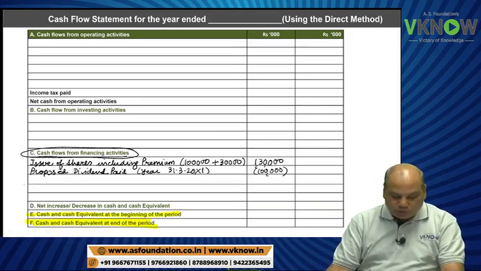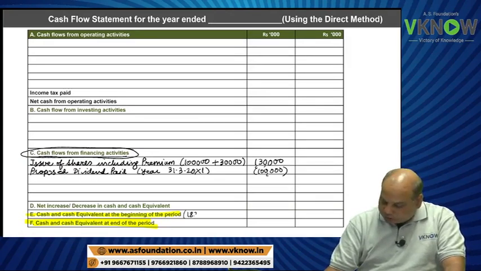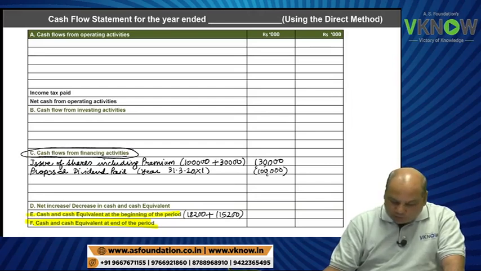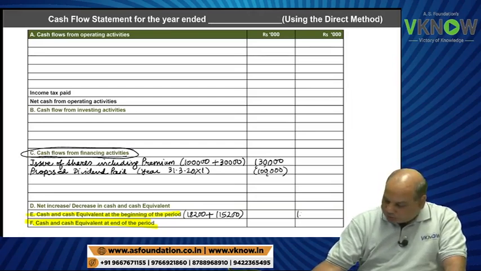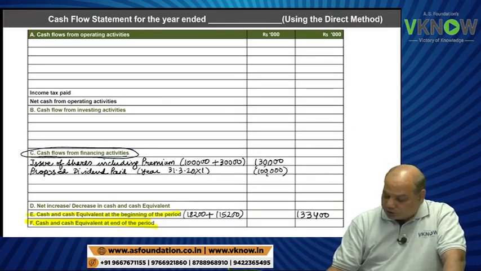You have to add both: cash in hand 18,200 plus cash at bank 1,15,200. So this together will be 1,33,400.